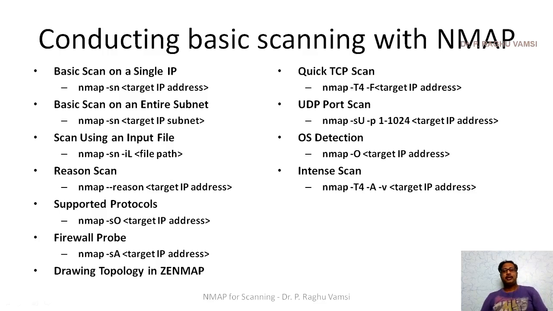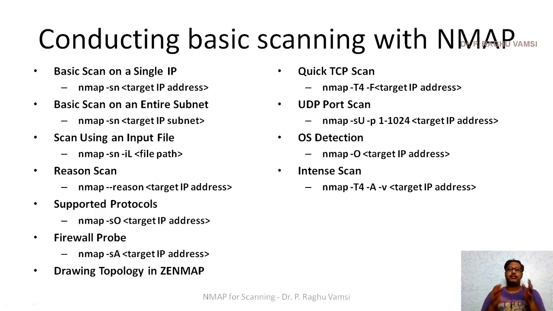Next, whenever you have the GUI version of the Nmap tool, you can draw the topology out of the IPs and the live systems that are discovered in the network. Next one is quick TCP scan. Quick TCP scan will give fast information about the TCP related services that are running on the target computer.